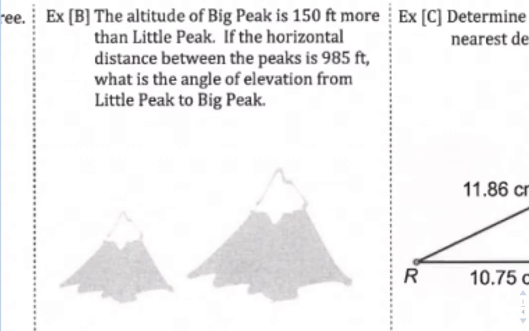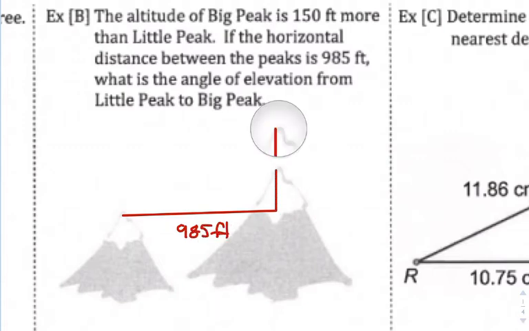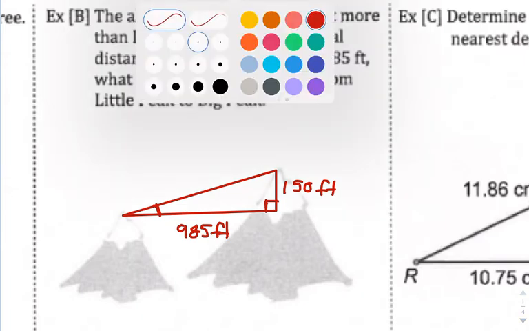So the horizontal distance from here to here is 985 feet. Then it says that this peak is about 150 feet taller. Now, angle of elevation was this part right here. So now we're solving for this bottom angle.